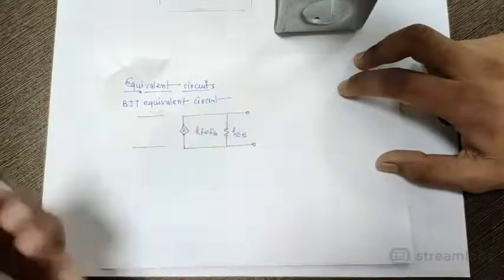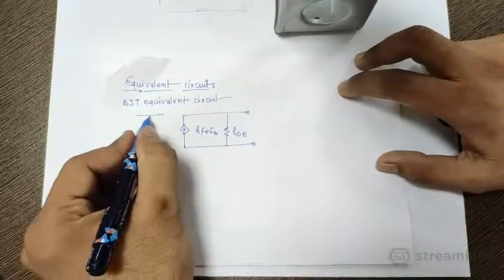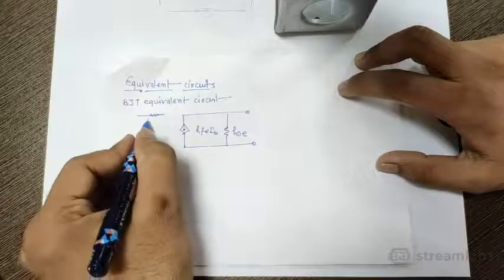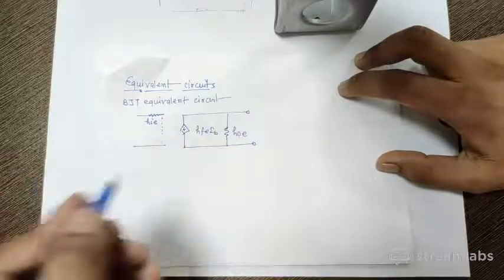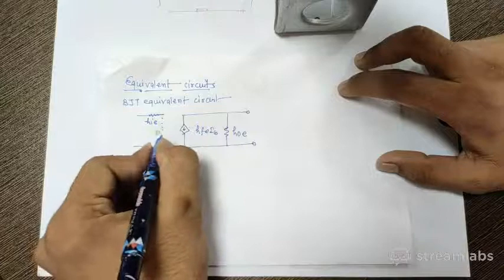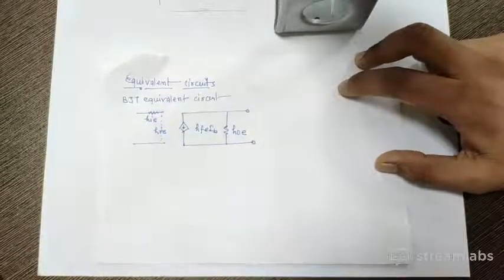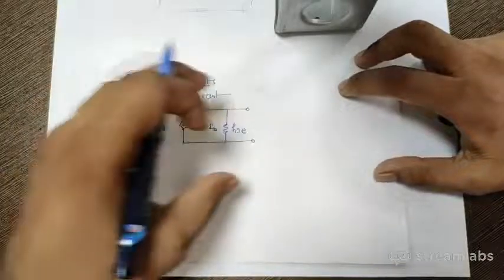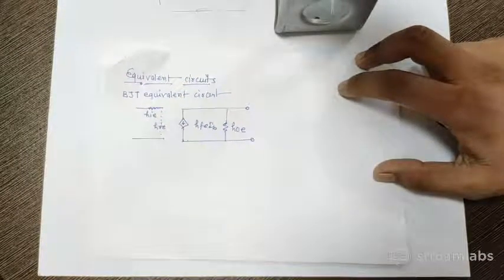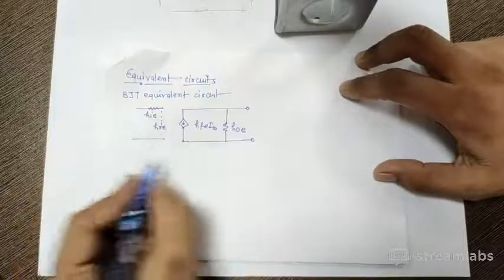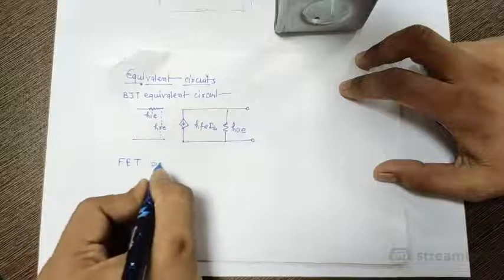For BJT, there is hie like this. There is something here also. What do you see? hre, and this is hfe ib, and this is hoe. This kind of H parameter model is for BJT. If you have a field effect transistor, then you have the FET equivalent model.